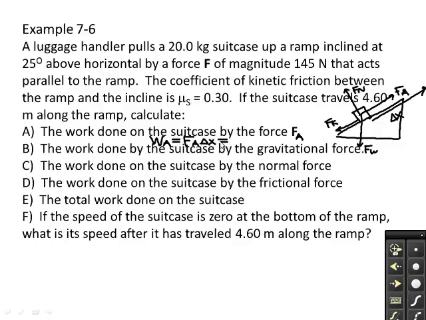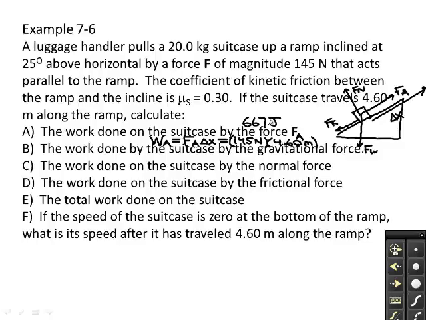Life is good. 145 times 4.60. The answer is 667 joules for part A.